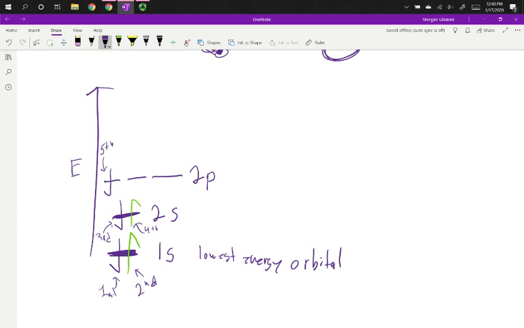If you add a 6th, it's going to go down. It finds the 1s is already full, the 2s is already full, the 2p is the lowest that isn't full, and it's going to actually spread out first. So here's our 6th. Our 7th would go here. If we have an 8th, and a 9th, and a 10th.